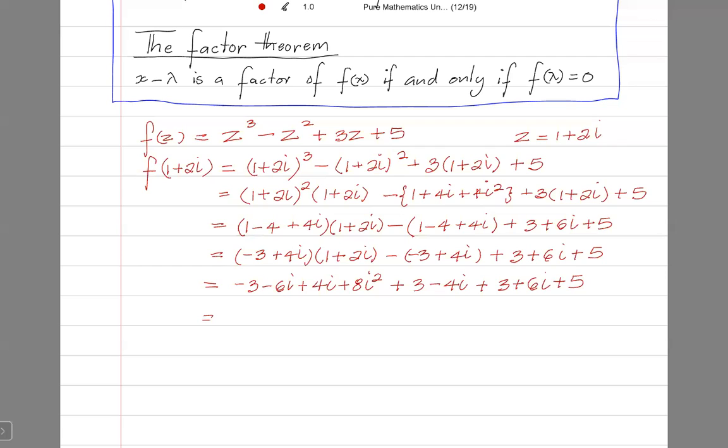All right, so this becomes minus 3, minus 8, minus 2i, plus 3, minus 4i, plus 3 plus 6i plus 5.